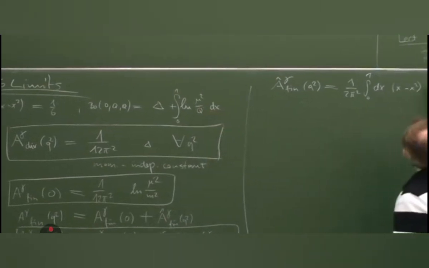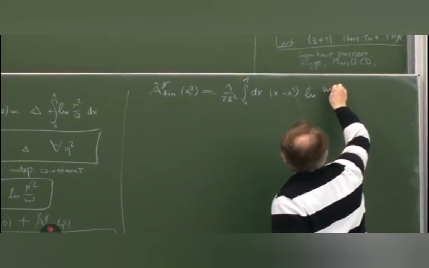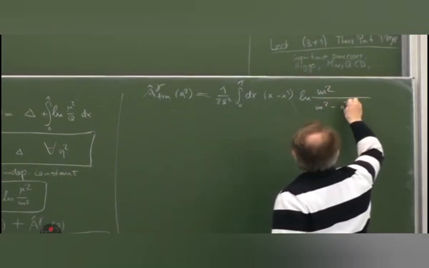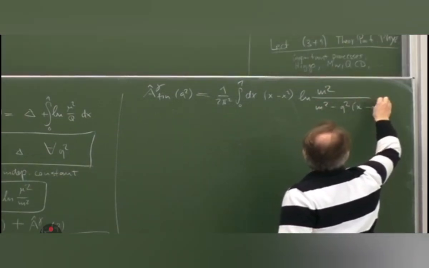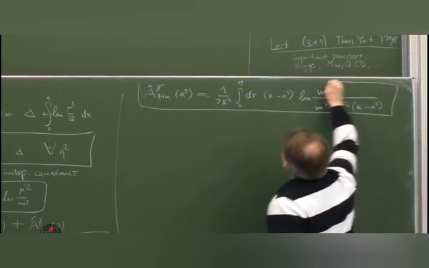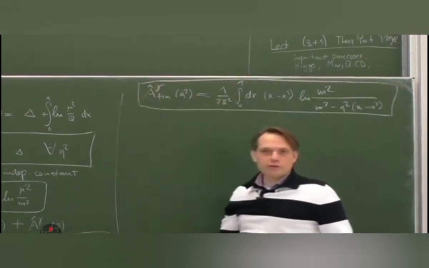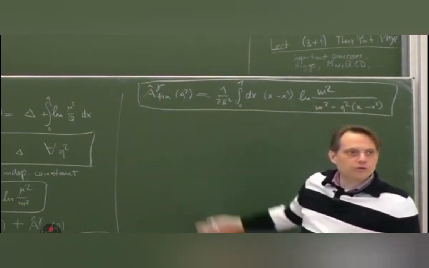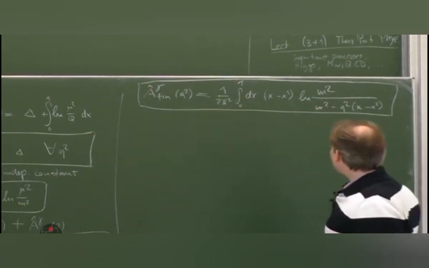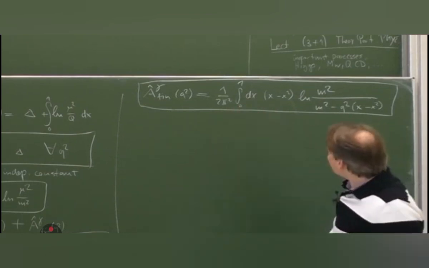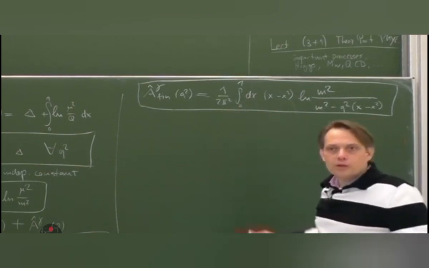So therefore we have here the following integrand: ln m square divided by m square minus q square times x minus x square. And that now really extracts the physical part, the interesting part of the vacuum polarization, as an explicit integral. That is still a non-trivial integral, but it's also not too complicated and it can be evaluated.